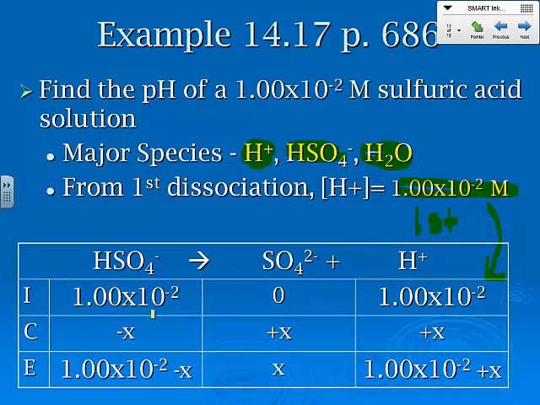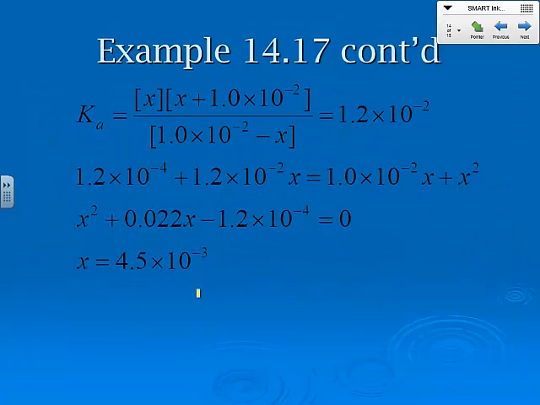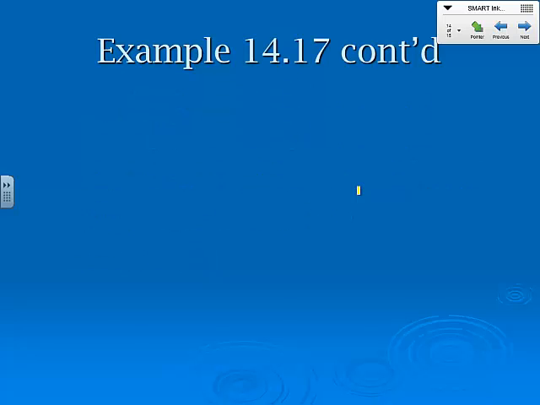Now we still have our concentration of hydrogen sulfate ion, so that's when it's polyprotic. I always think of it as a mixture of a weak acid and a strong acid, just like we had to combine the hydrogen ion from step 1. So we've still got our setup here, 1.00 times 10 to the negative second, minus x's, plus x's for our reactants, etc.